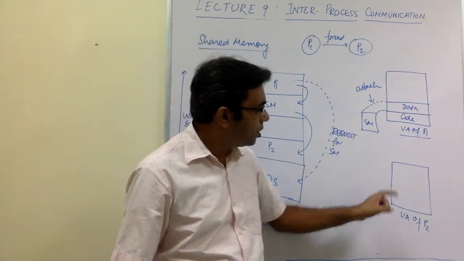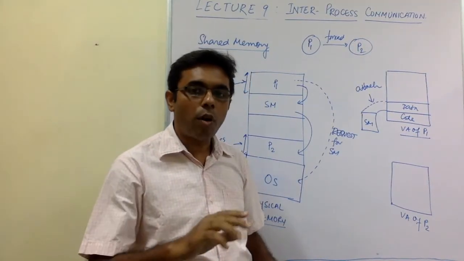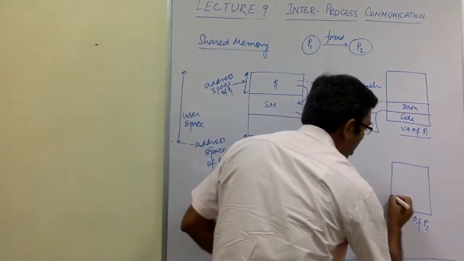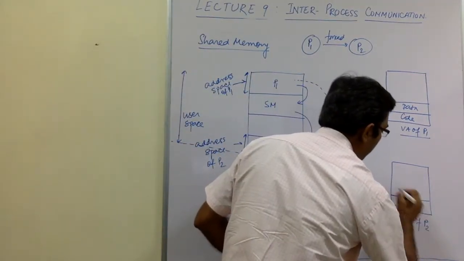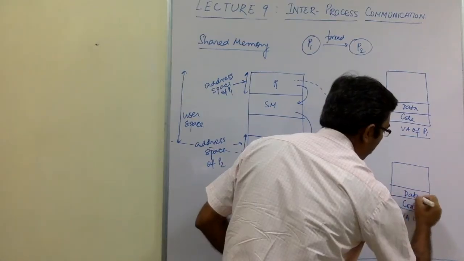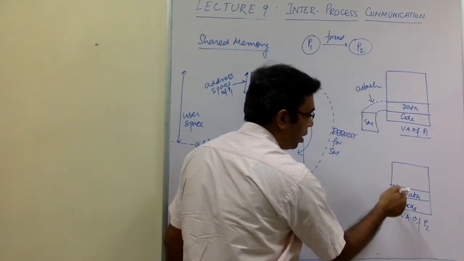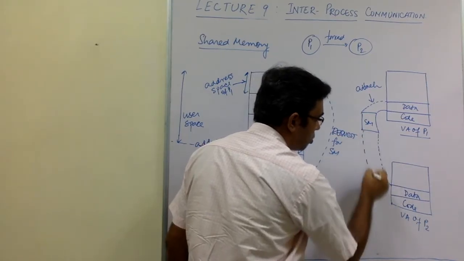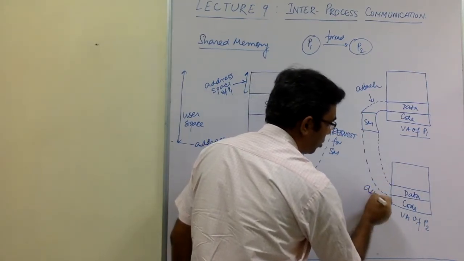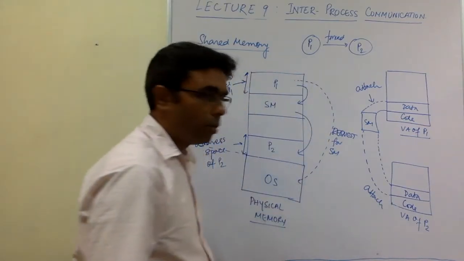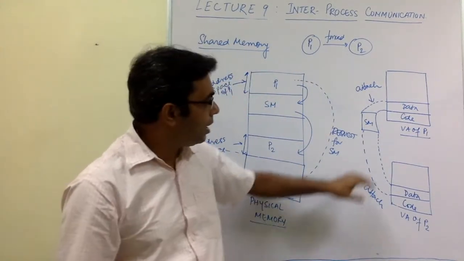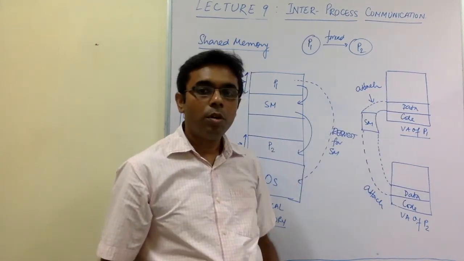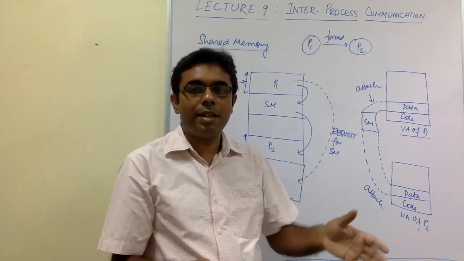Now all processes that would make use of this particular shared memory segment should also attach this segment to themselves. Let's say in this case P2. If P2 is going to make use of this shared memory segment, it also has to attach it. So once this shared memory gets attached to the data segment of process P1 or process P2, that's nothing but an extended data segment now.